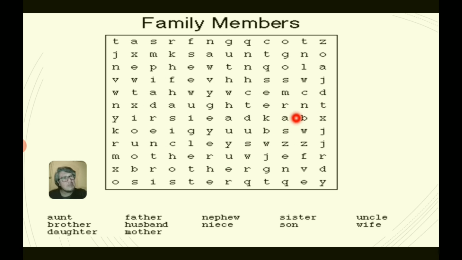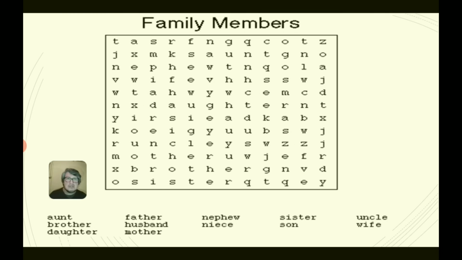Here, can you see it? Husband. Very good. And there we are. And of course, aunt. Your aunt is here. The first word, aunt.